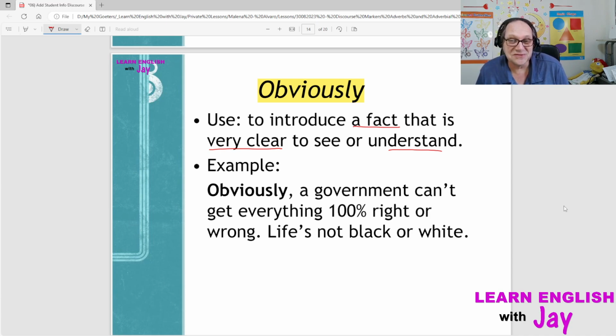You can use obviously. A government can't get everything 100% right or wrong. Life's not black or white. So what we're doing there, quite simply, is introducing a fact that is very clear. Everybody should have seen it. Everybody should understand it. But sometimes they don't. And this is where obviously comes in.